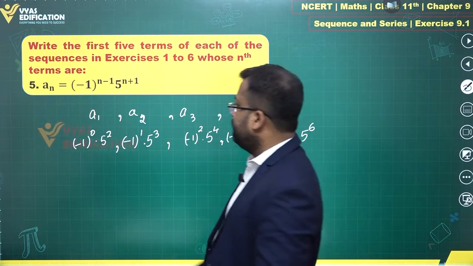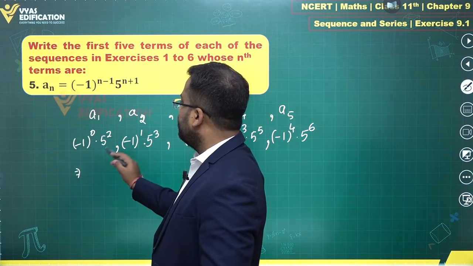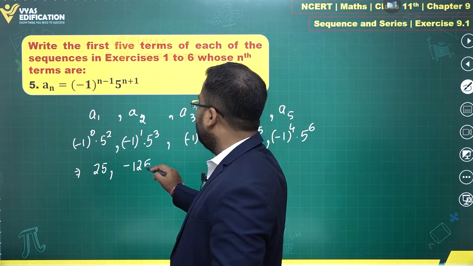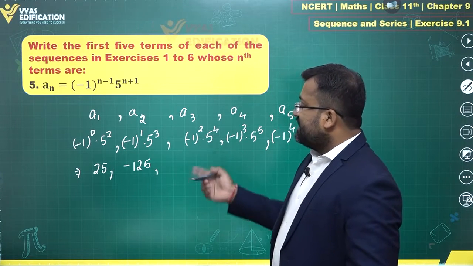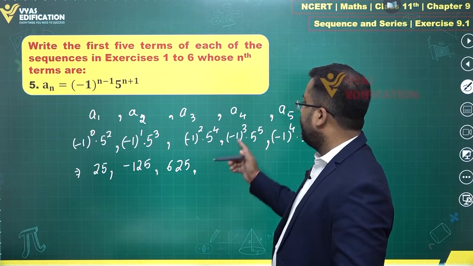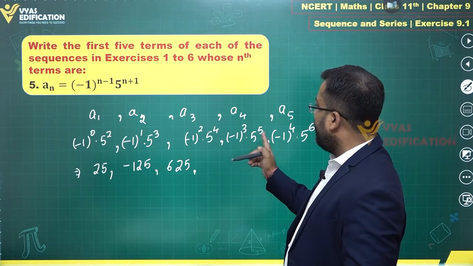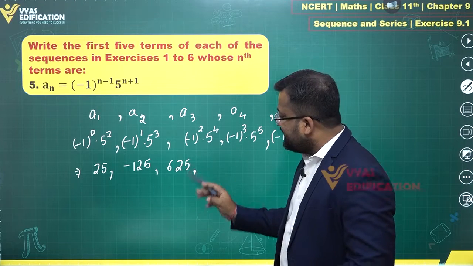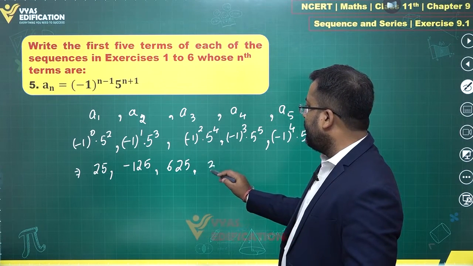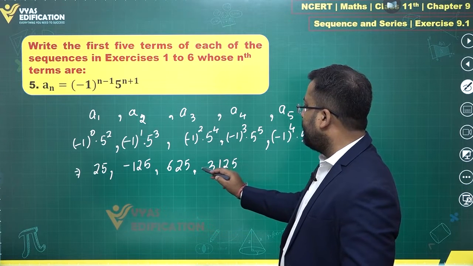Is that okay? What is this? Minus 1 power 0 is 1, so this is 25. This is minus 125. Minus 1 square is plus, this is 625, since 5 power 4 is 625. Then minus 1 power 3 is minus, and 5 power 5 is what? You multiply this with 5, and that gives me 3125, with an extra minus over there.